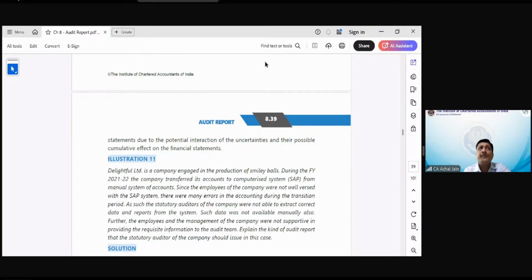In this case, if you happen to be the auditor of this company, how will you deal with this? How will you deal with this means what is going to be the reporting implication? Means how will you report? Tell me quickly. Also, what type of reporting implications could be there?